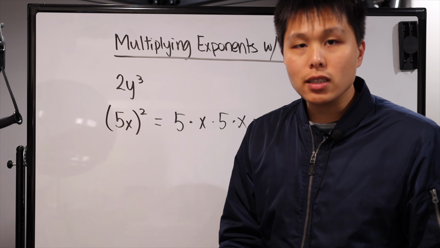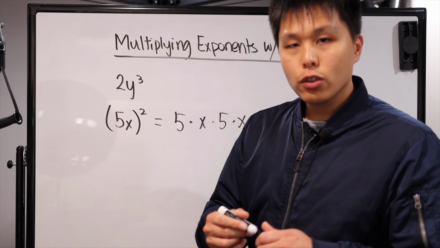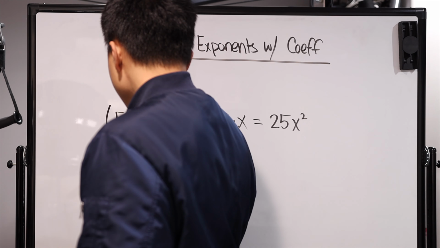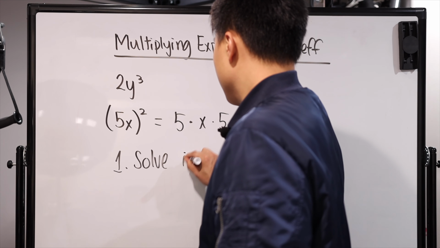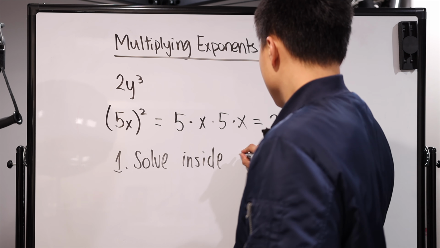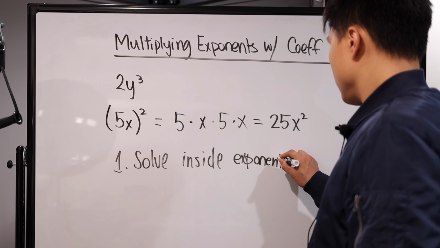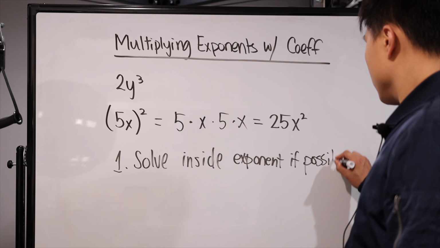So that leads us to how you would solve something like this. There are 2 steps. The first step is to solve inside the exponent. Basically, solve the base if possible. My marker's dying.